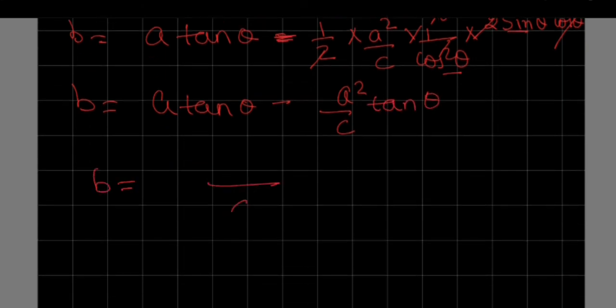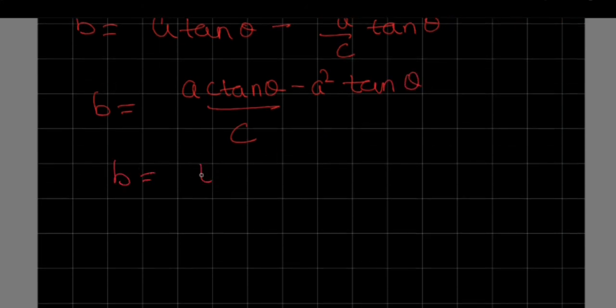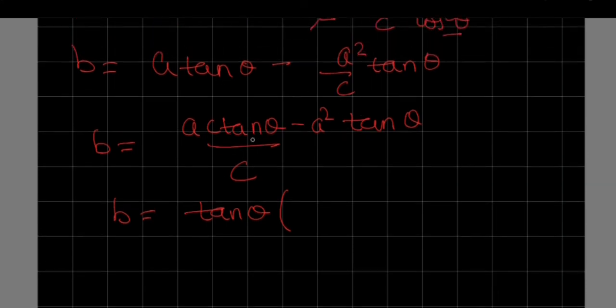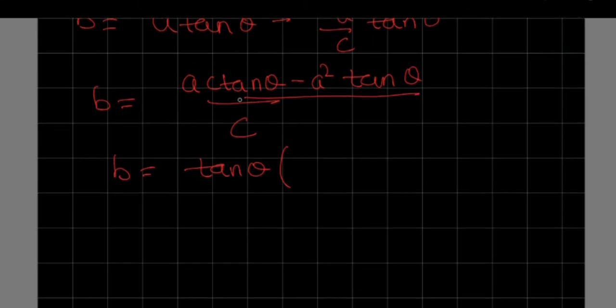You can take LCM, c here: ac tan theta minus a square tan theta. You can take tan theta common, and what you have got is ac minus a square by c, right?